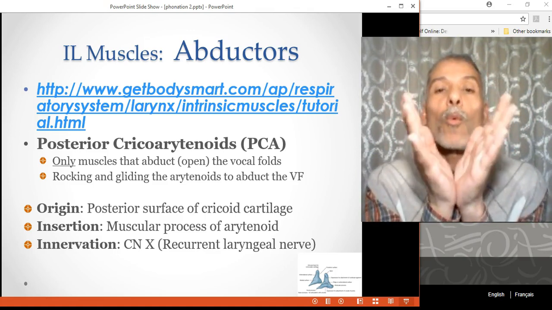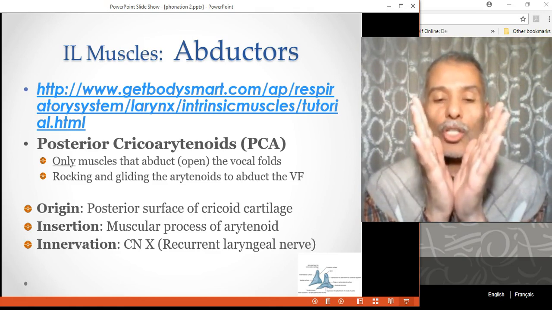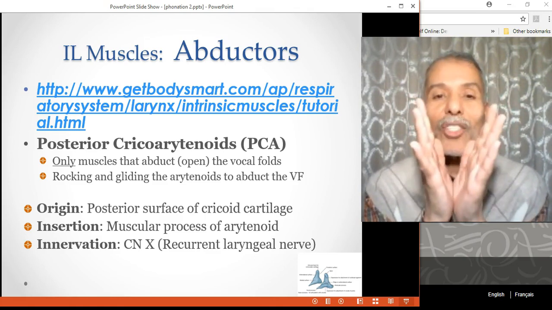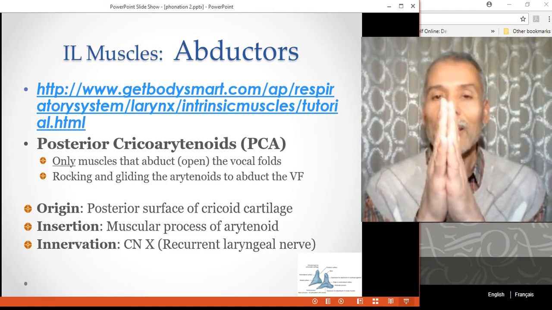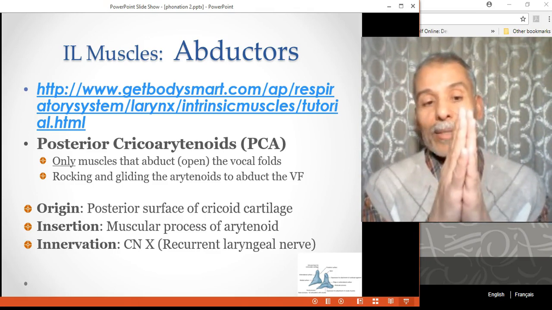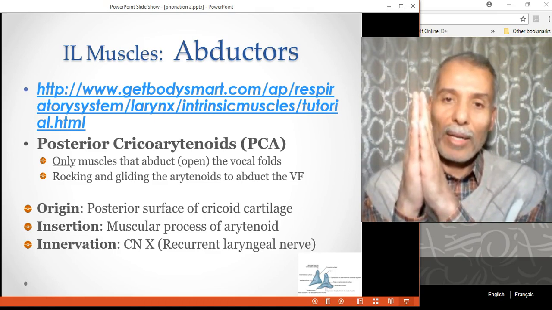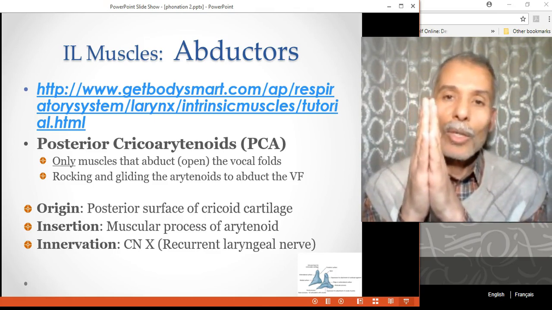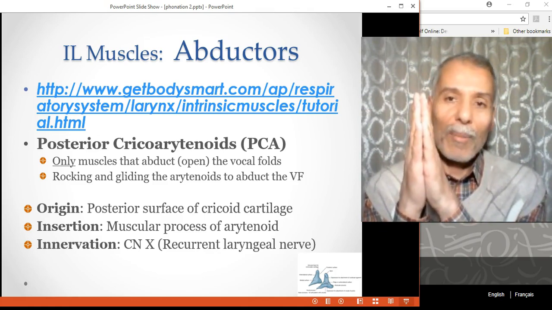That means when you want to bring them against the rest position, you have to put a lot of energy to bring them to the midline like this. Then when you adduct them like this, all you need to do is relax the muscles that are holding them adducted.